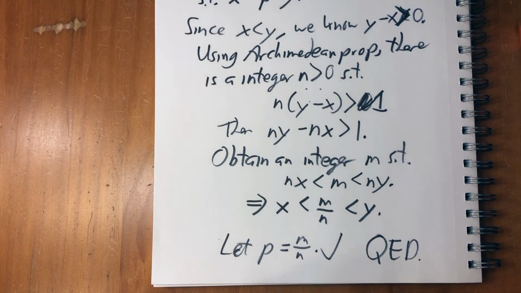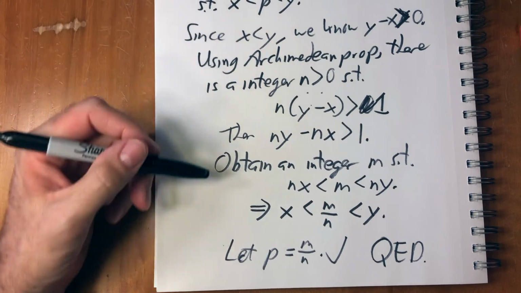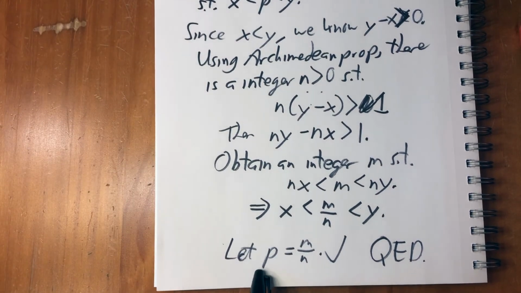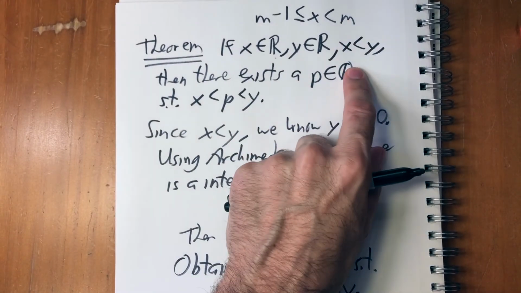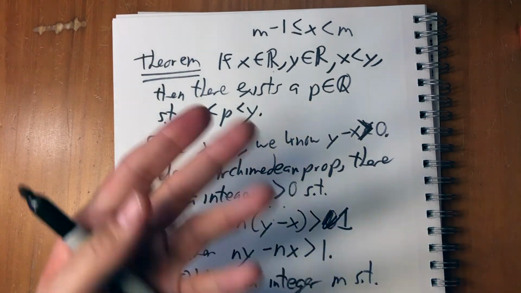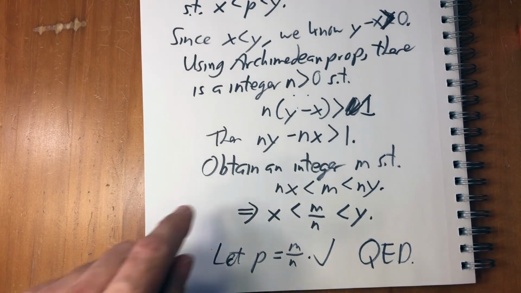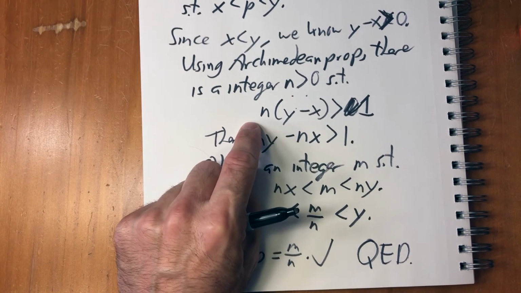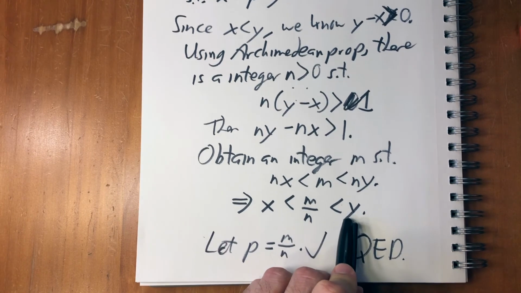So it's interesting to think about this. We needed two things in order to prove this result, that for any two real numbers, you can find a rational number in between. The first is the well-ordering property of the natural numbers, which is what we've been talking about. But the other thing that's required, that we've used over and over, is the Archimedean property, which means that without the Archimedean property, we wouldn't be able to prove that there's a rational number between every two real numbers.